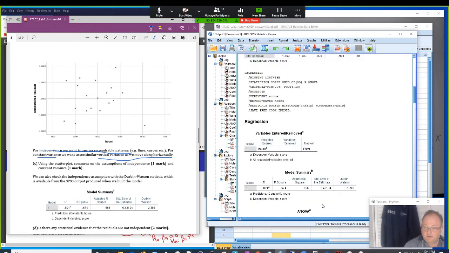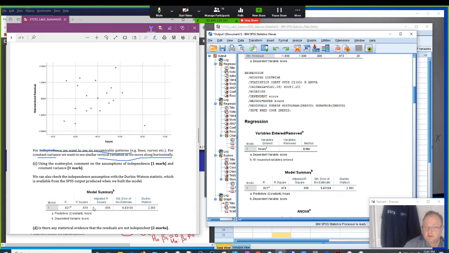Okay. So it was no fluke. We've basically got the same information that's in the lab. Sometimes you just got to go for a look. Okay. Is there any statistical evidence that the residuals are not independent? We can use the model summary to help us determine that.